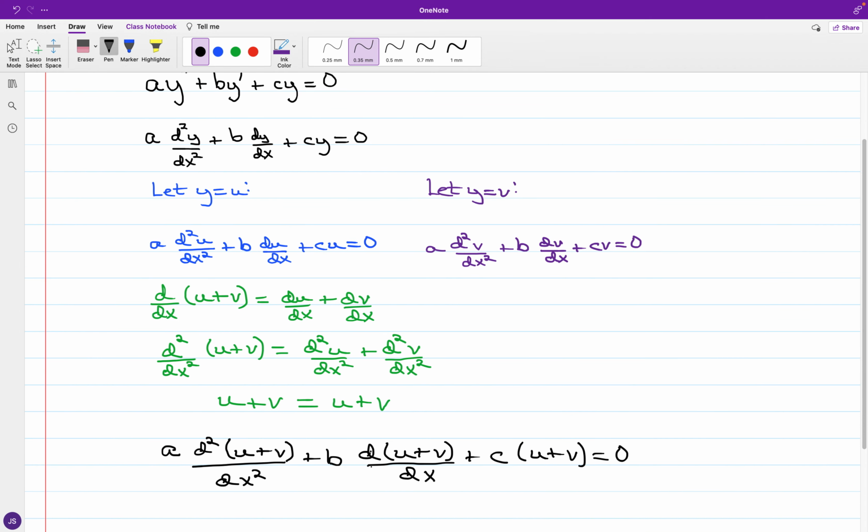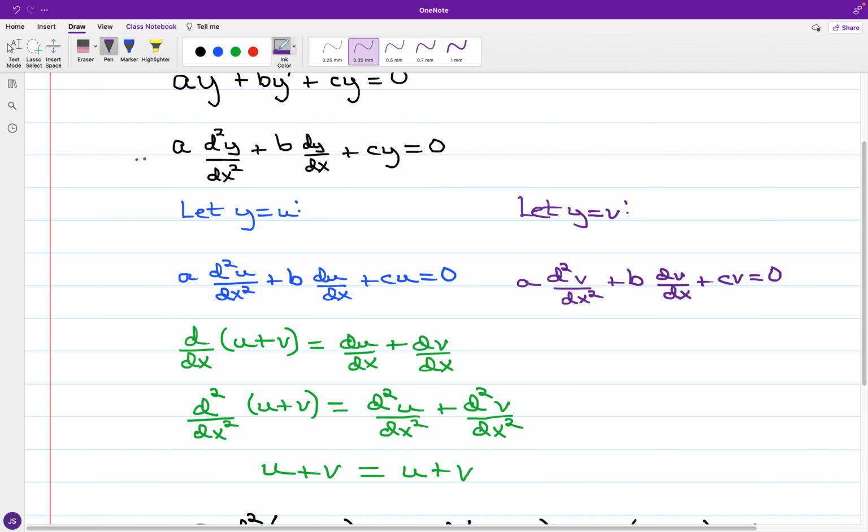And this is going to be our original equation once we have replaced y with the sum of u and v.